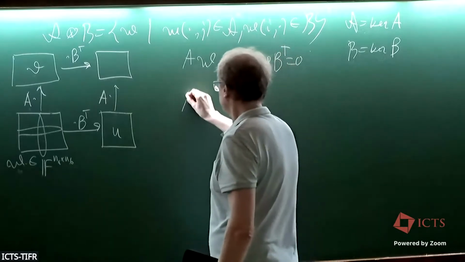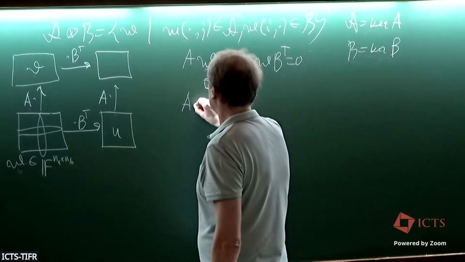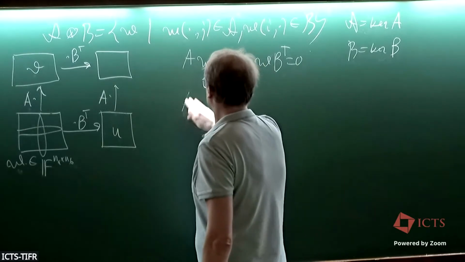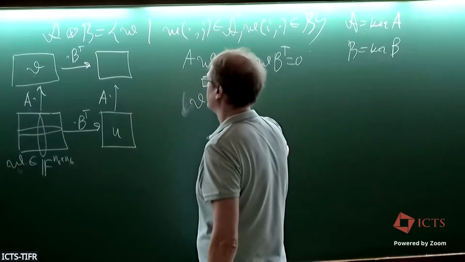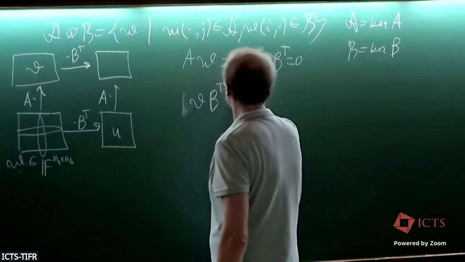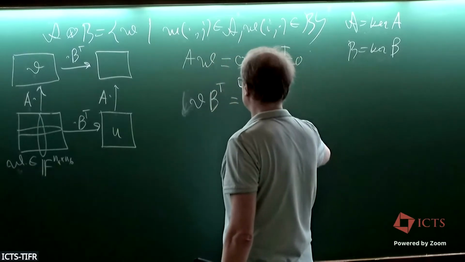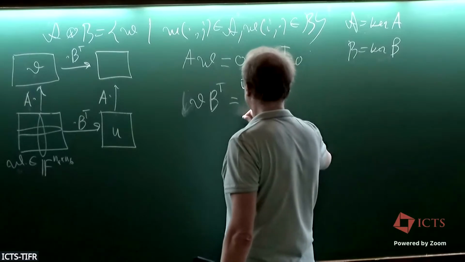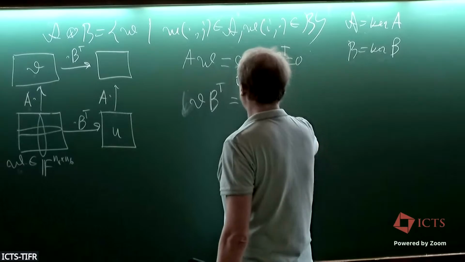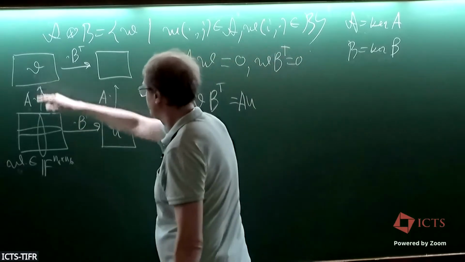And what we see? We see that A multiplied by V multiplied by B transposed is equal to A U multiplied by A, where V and U are syndromes.